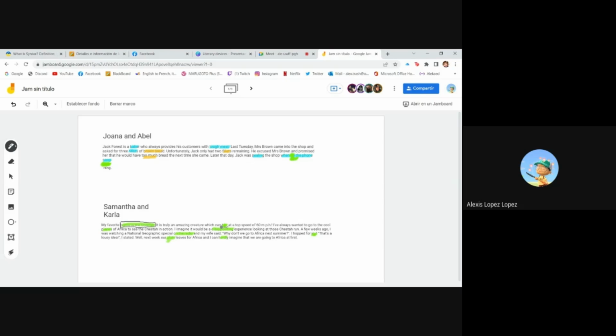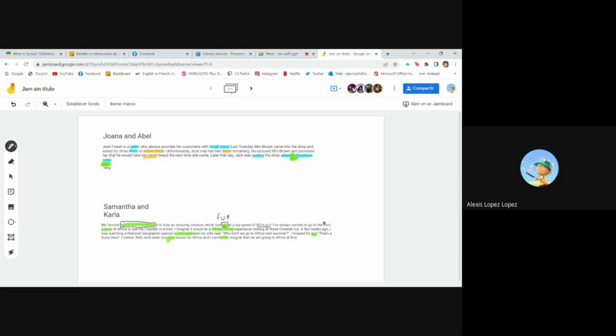So would you say that going at this speed is trotting or running? Running. Yeah, it's running. So what would you replace trot with? Which word? Run. Yes. Run at a top speed of 60 miles per hour.